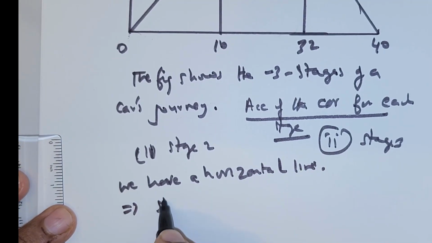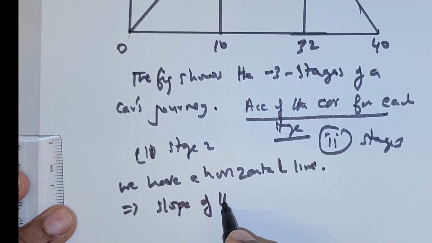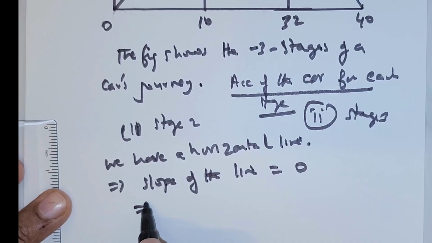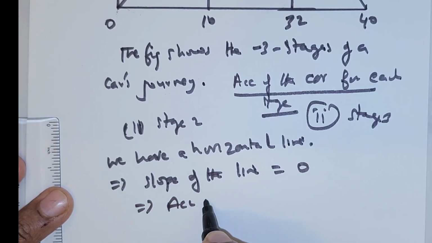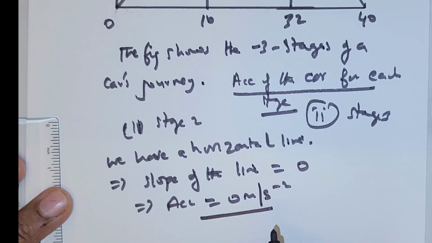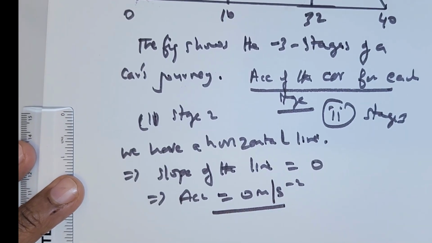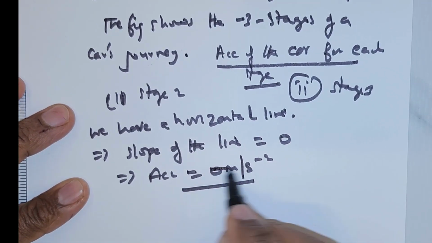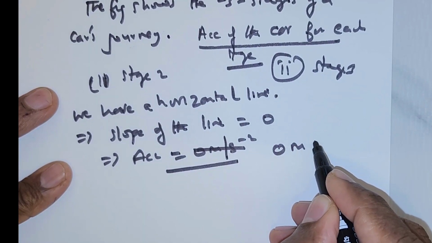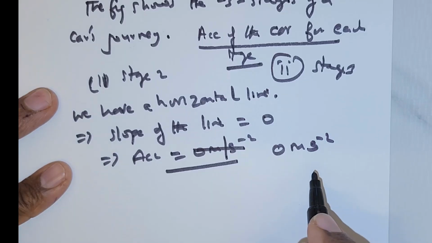So this means the slope of the line is equal to 0. So this in turn means the acceleration is going to be 0 meters per second squared. Okay, so that is the solution for stage 2. And probably I will write this as 0 meters per second squared.